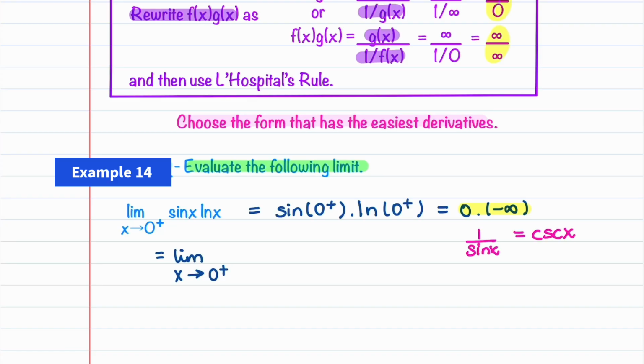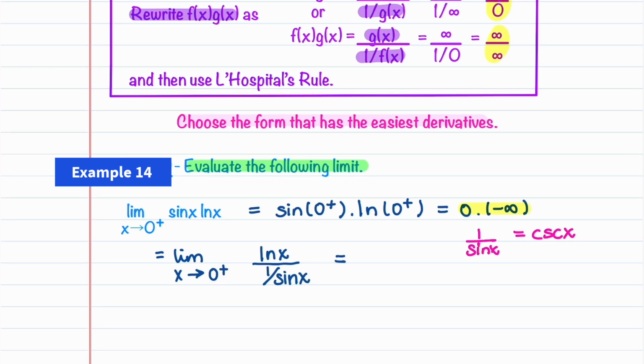We know how to take that derivative. We also know how to take the derivative of 1 over natural log x, but it's a lot more complicated. So I am going to choose to put the natural log x in the numerator, and then in the denominator, I have 1 divided by sine x.